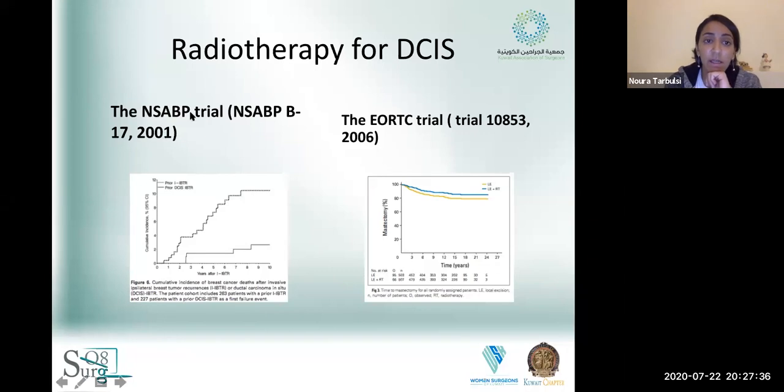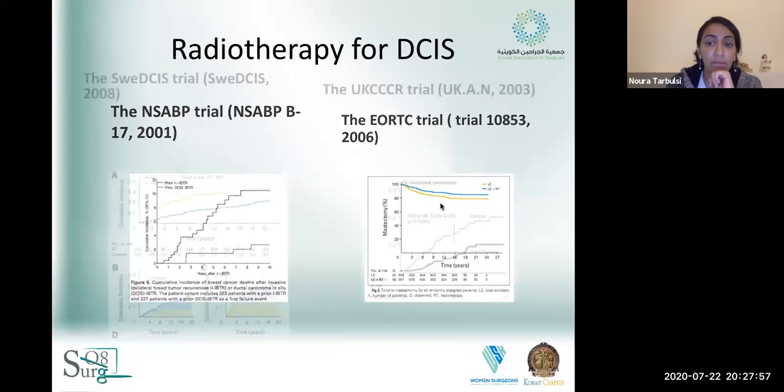This is the NSABP trial, and you can see the huge difference between cumulative incidence of recurrence between radiotherapy group and no radiotherapy group. This is another European trial over very long follow-up, over 20 years, showing that the radiotherapy group had better survival.